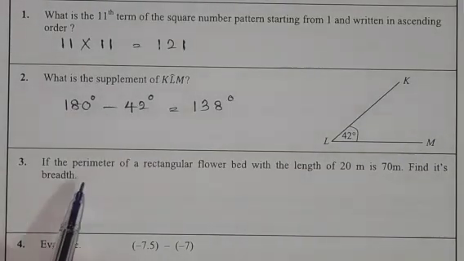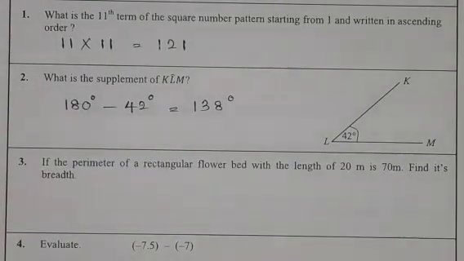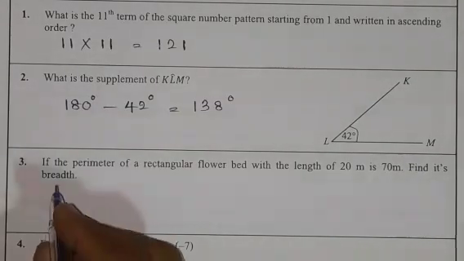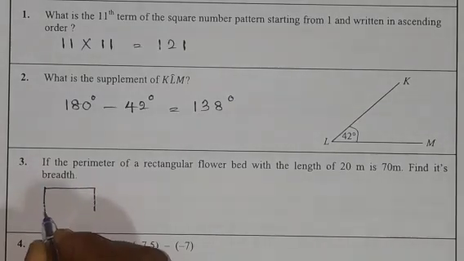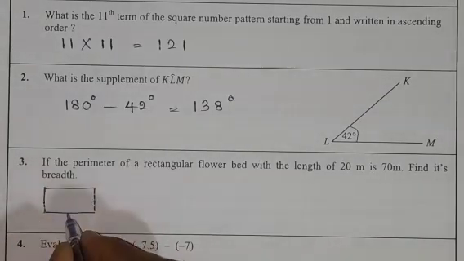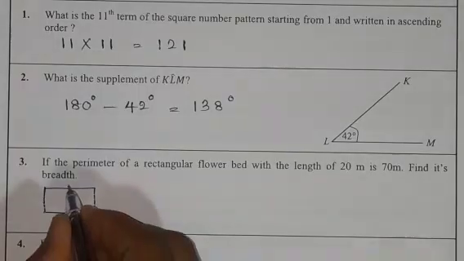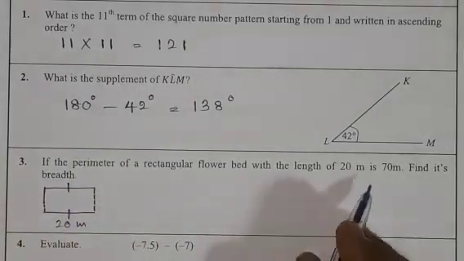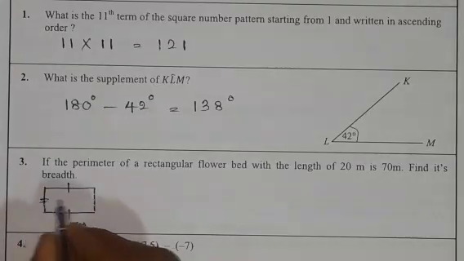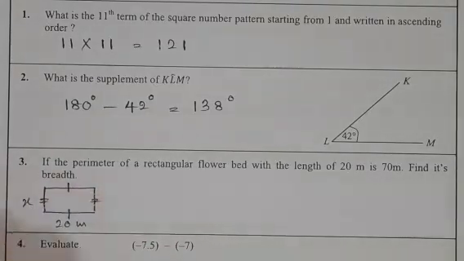Then question number 3. If the perimeter of a rectangular flower bed with a length of 20 meters is 70 meters, find its breadth. Let's draw a small diagram here. This is the flower bed. The length is given as 20 meters. We want to find the breadth. I'll take the breadth as x meters.